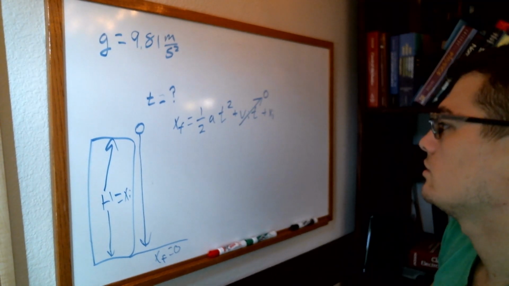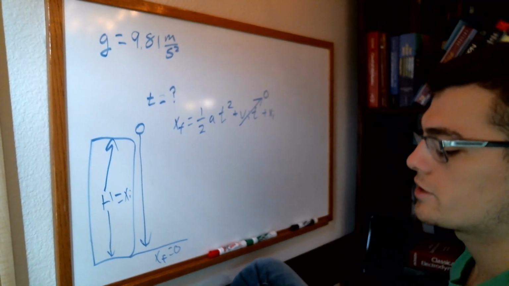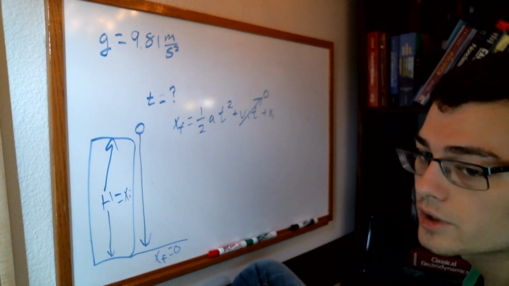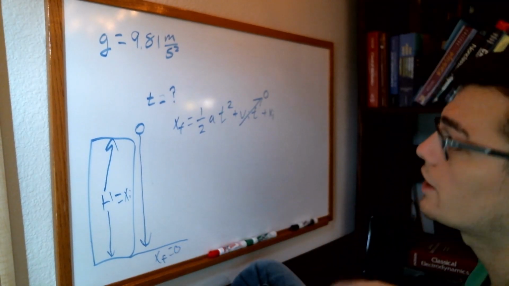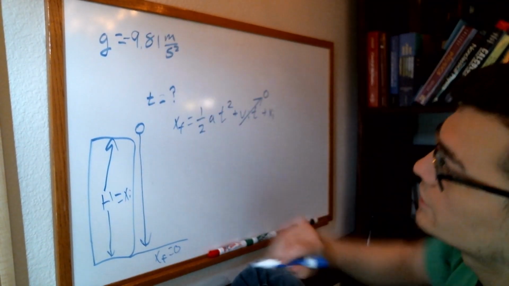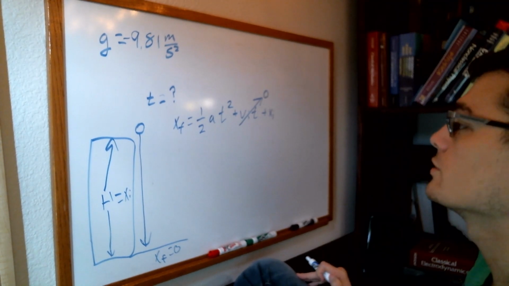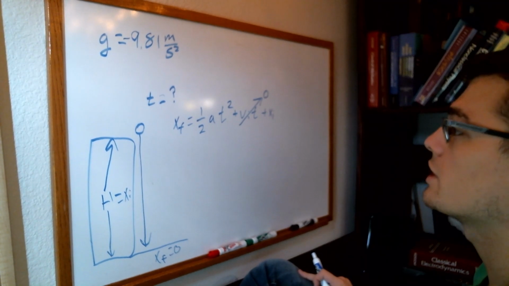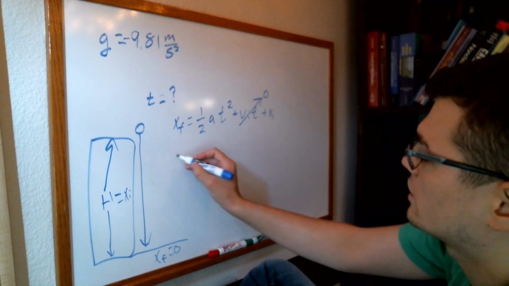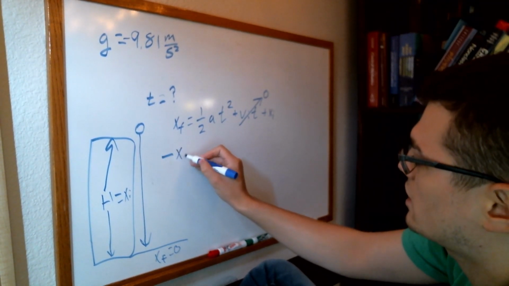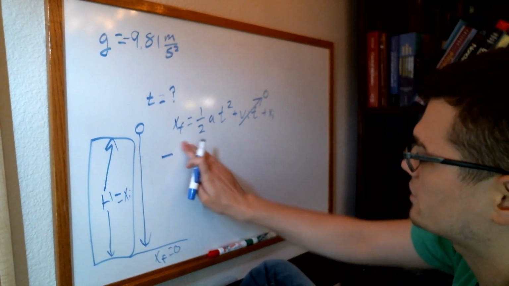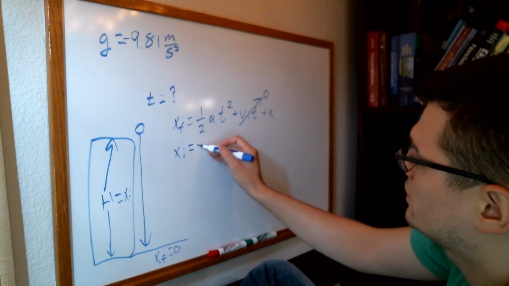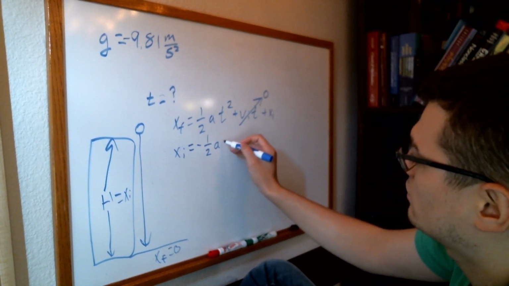Okay, so now since this ball is falling, and it's going to be moving downwards or towards the ground, we're going to say that g is equal to negative 9.81 meters per second squared. And so this is our acceleration due to gravity. So we can say that negative xi, or how about we keep xi positive? So xi is going to be equal to negative 1/2 at squared.